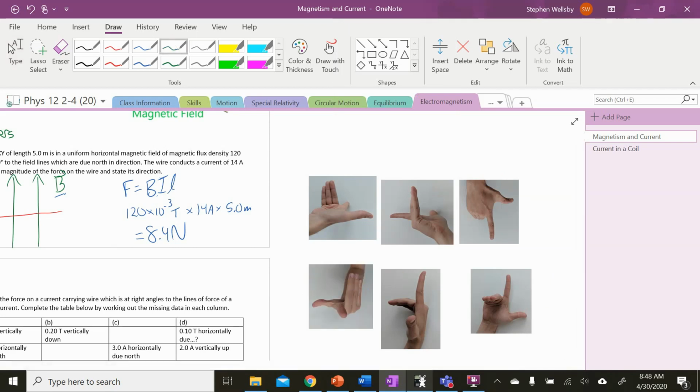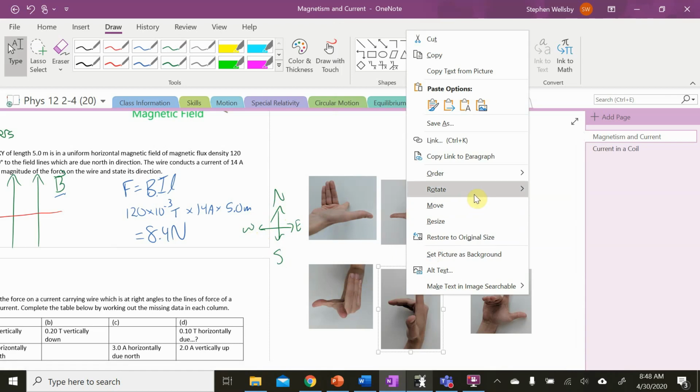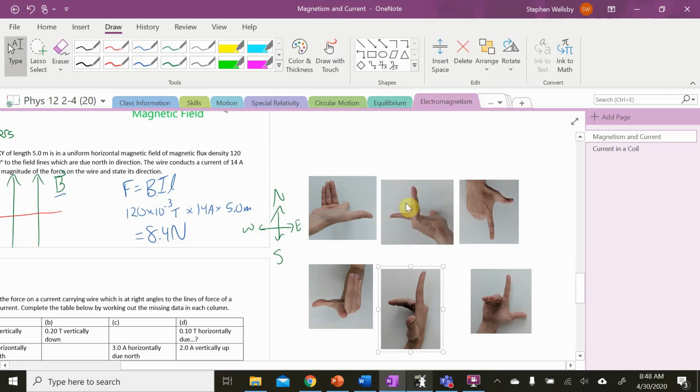So what I'm drawing this as north, south, east, and west. And lastly, I've got this one here, which I'm going to rotate 90 degrees. Okay, so these 4, 1, 2, 3, 4, these are all the ones where my 3 fingers representing the field are pointing north in this example here. So I've got these 4.